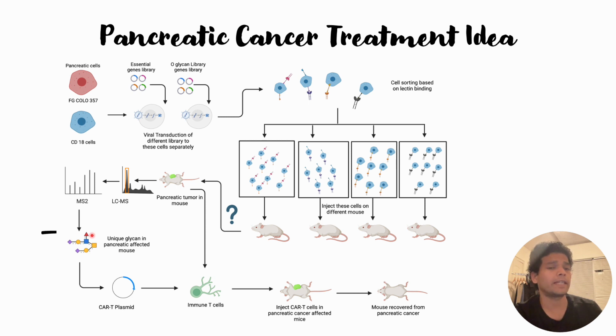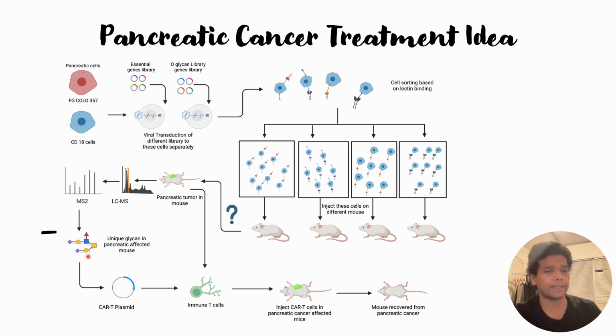From that analysis we can take one unique glycan that is formed in the mice affected with the pancreatic tumor, and that is not present, or present in very minuscule amounts, in the healthy mice.